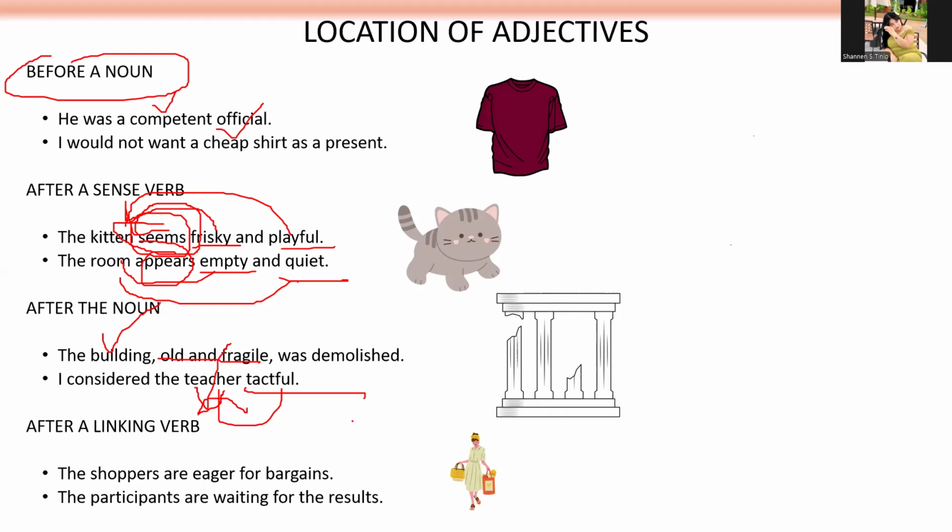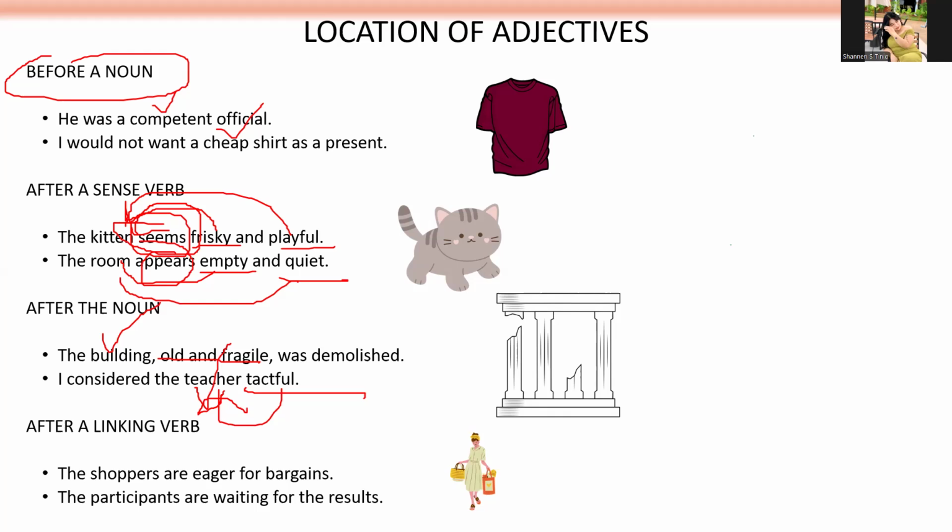The location of the adjectives are after the noun at saka nakapaloob siya sa phrase na fair and smooth. Okay? So, hihiwalay natin sila with comma. Her skin, comma, fair and smooth, comma, was burnt by the fire. Pero kung simpleng structure lang gagamitin natin, her fair and smooth skin was burnt by the fire.